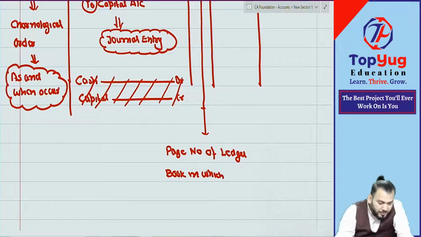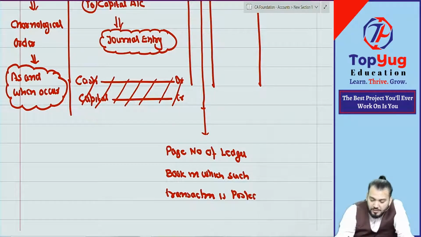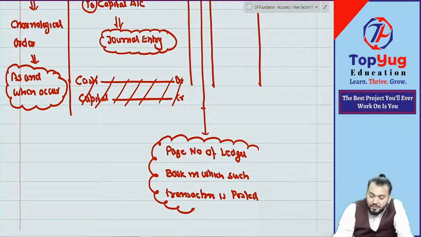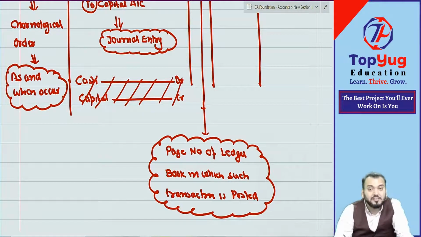This is only for getting a reference so that we can quickly refer to the ledger book. Are you getting what I am saying? Because can I say in this journal a large number of transactions are recorded. The same will be posted in what book? For quick reference, we give the page number.